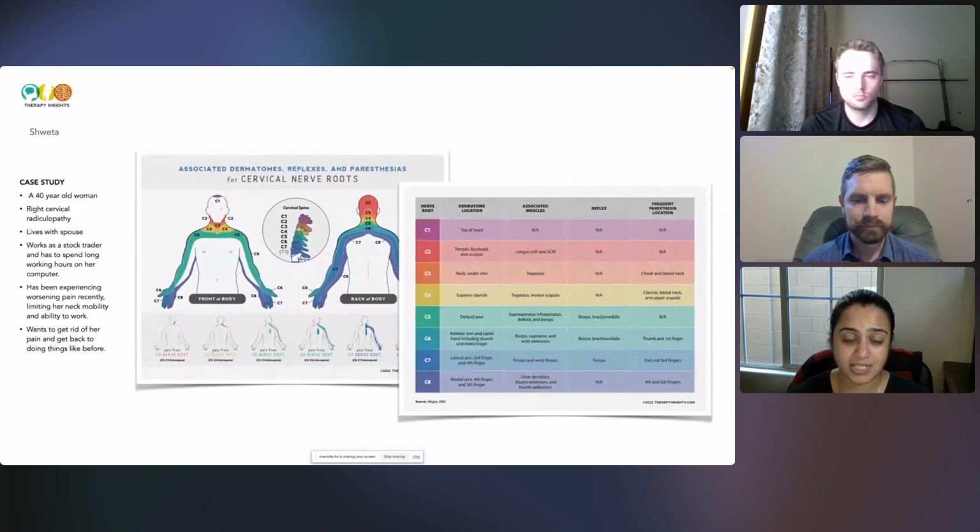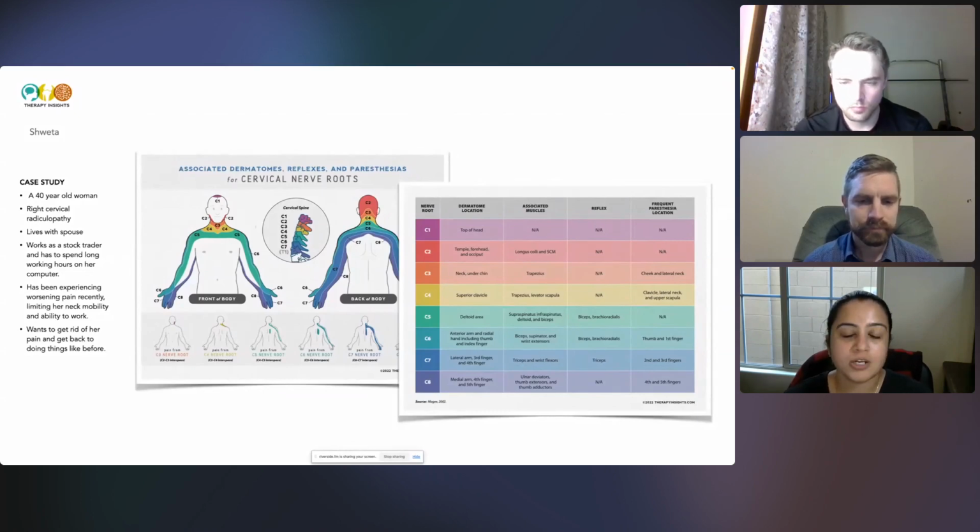This is a very concise, colorful resource that groups each level by the dermatome location, the associated muscles, the reflexes, and whether they would experience any paresthesias or not. It was very helpful for the patient to understand, not just in terms of the pictures, but also: if my muscles are involved, and if I'm feeling numbness, at what level, what is expected.